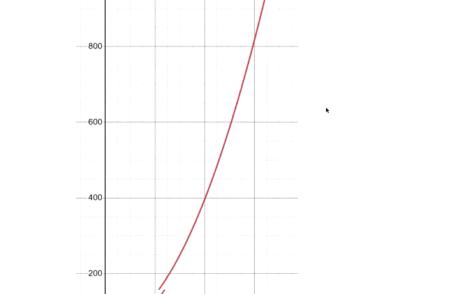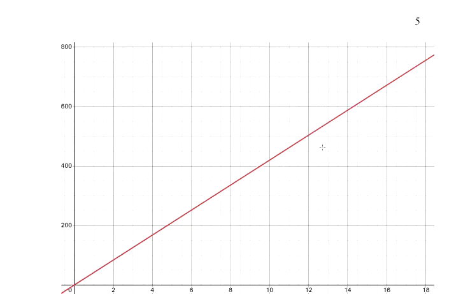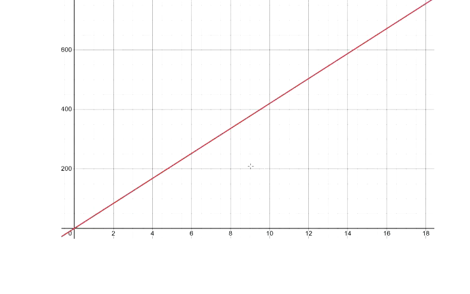This is a graph of velocity versus time. And finally, this is a graph of acceleration versus time. I drew these graphs from the website desmos.com, DESMOS.com.